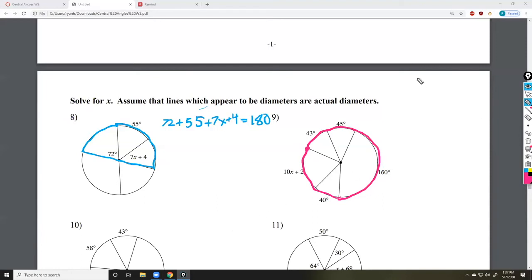All the way around the circle is 360 degrees. So all I need to do is just add all these parts together, and it's going to give me 360 all the way around the circle. So I started by tracing the 43, and then I traced around the 45, and then I traced around the 160, and then I traced around the 40, and then I traced around, I'm running out of room here, and I traced around the 10x plus 2.